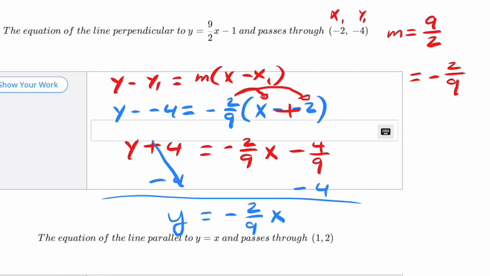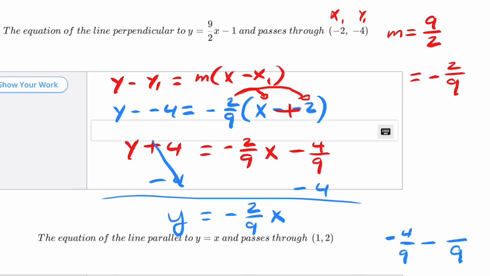So let's calculate that. We have -4 divided by 9 minus 4. 4 is the same thing as something divided by 9. Something divided by 9 is 4.